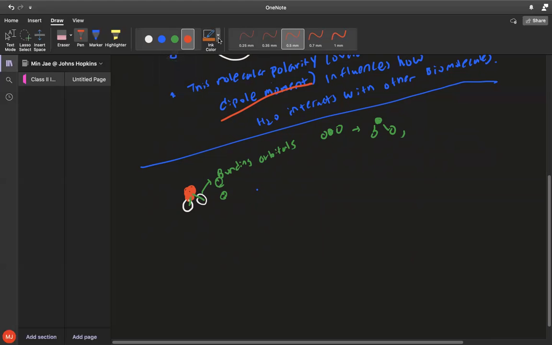There are some theories, for example VSEPR theory, which says that the non-bonding electron pairs in the oxygen atom repel each other.